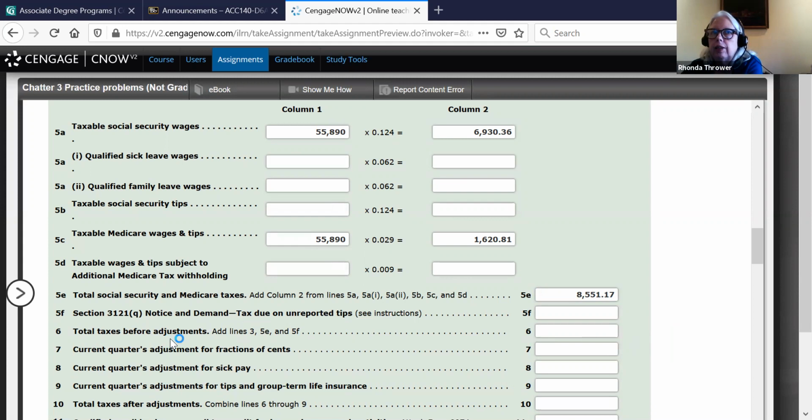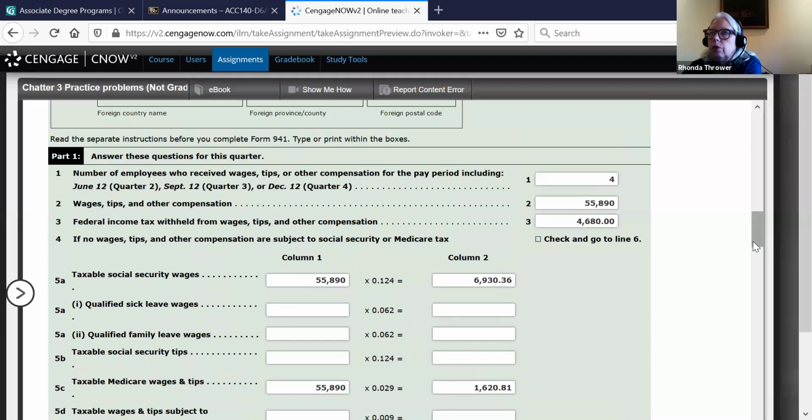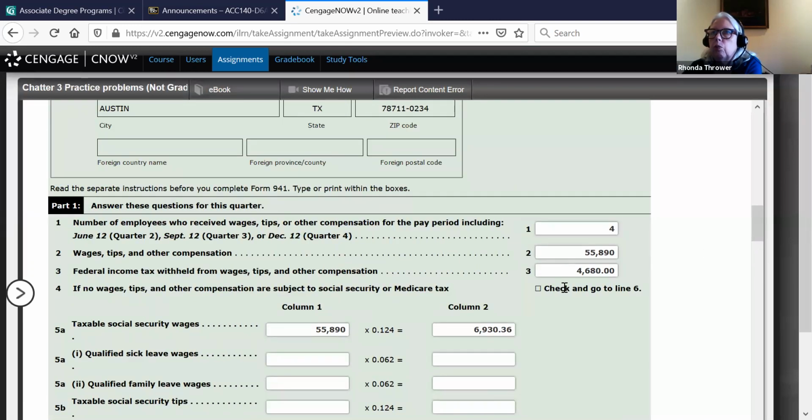Move to line 6, the total taxes before adjustments. And what you've got to remember is you got to pick back up line 3, which was your federal income tax, and then your Social Security and your Medicare. So my income tax was this amount right here.